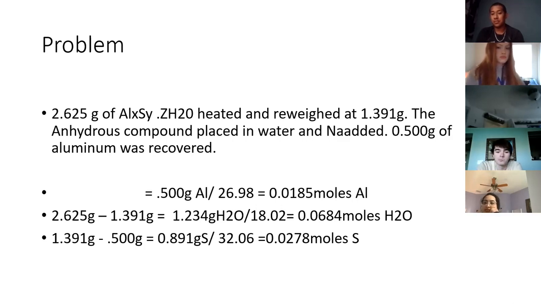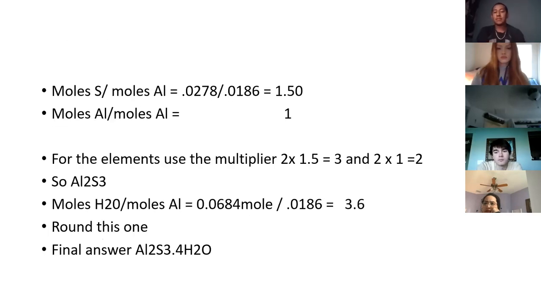Marlene, which one's smaller? Aluminum's moles or sulfur's? Aluminum. So I'm going to divide both of them by 0.0186. I get aluminum to sulfur ratio of 1 aluminum to 1.5 sulfurs.